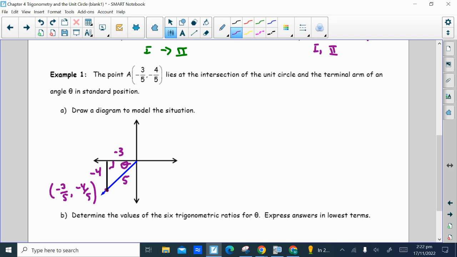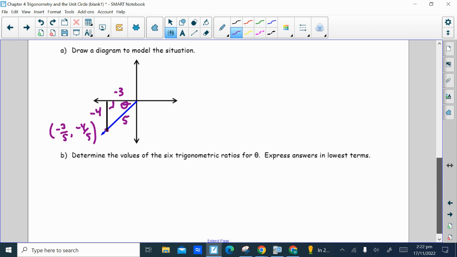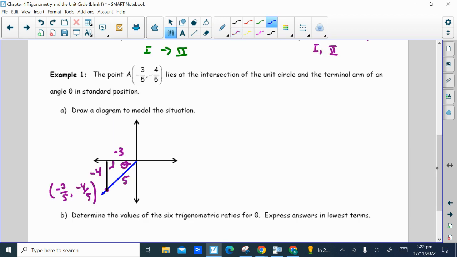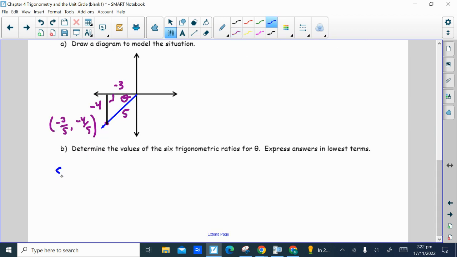So we've drawn a diagram to model the situation. We're asked to determine the values of these 6 trigonometric ratios for theta. And they are the sine, the cosine, and the tangent of theta. And then we'll have our 3 reciprocal ratios.